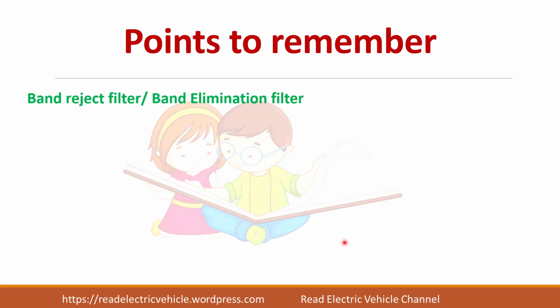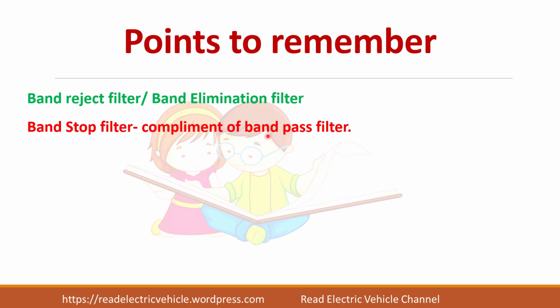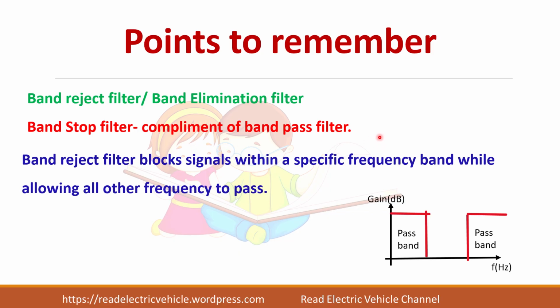So the points to remember here are: a band reject filter or band elimination filter is also called a band stop filter. It is basically the complement of a band pass filter. A band reject filter will block all the signals within a specified frequency band, while it will allow other frequencies to pass through.